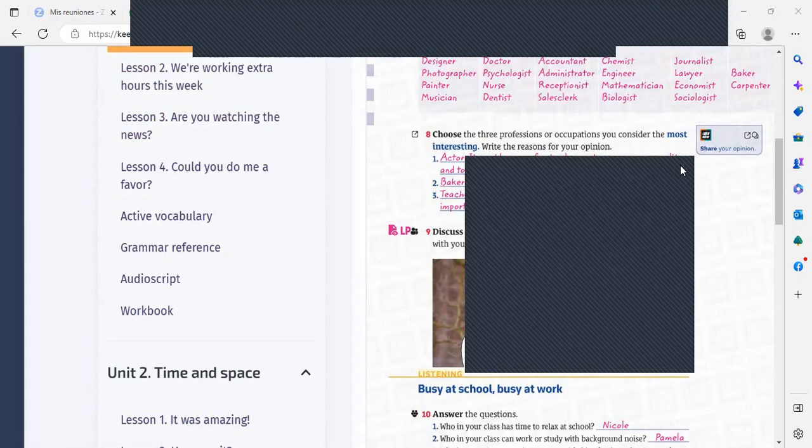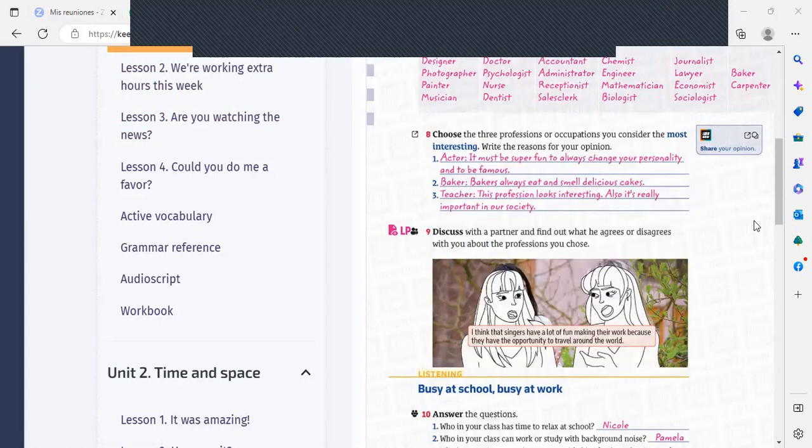All right. Jimena, what is a cool profession? I think photographer. A photographer. Why is that? Because I like to see the, ¿cómo se dice paisajes en inglés? Landscapes.